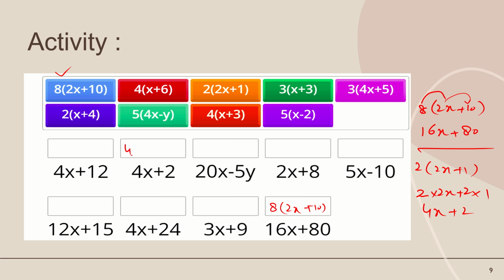Sorry for the mistake, we have to write 2 into 2x plus 1. So this is the correct option. The rest of all these brackets you will solve at home as a home task with the similar method.